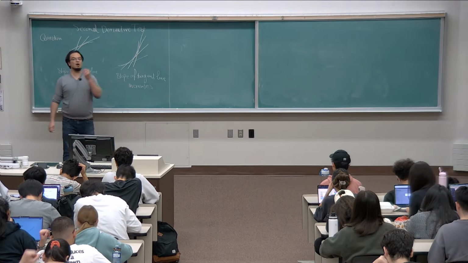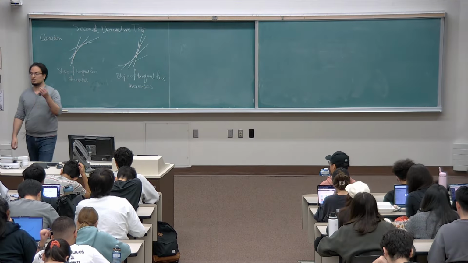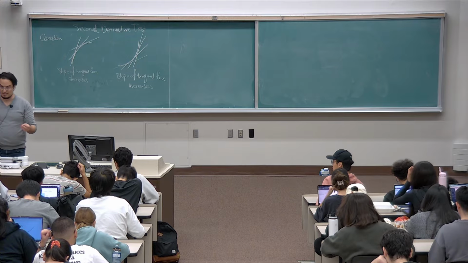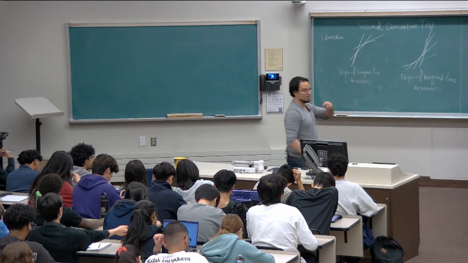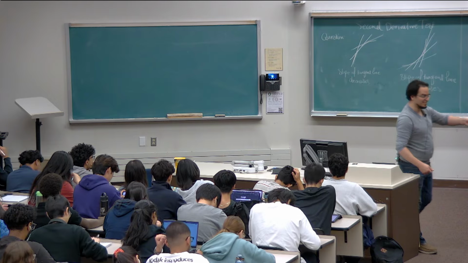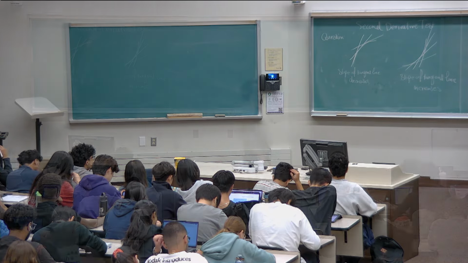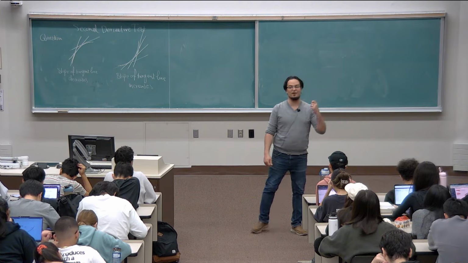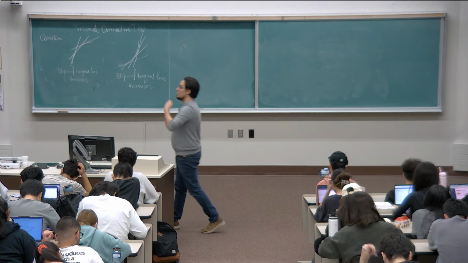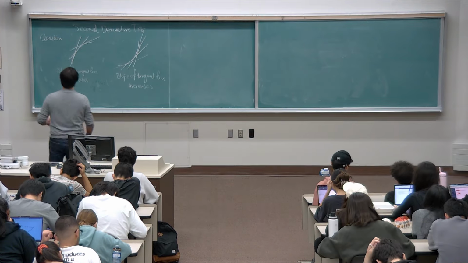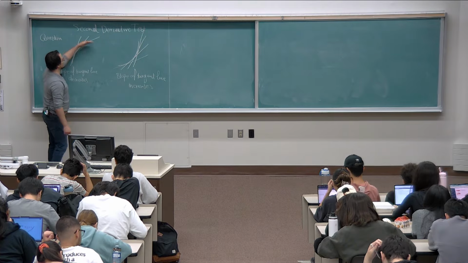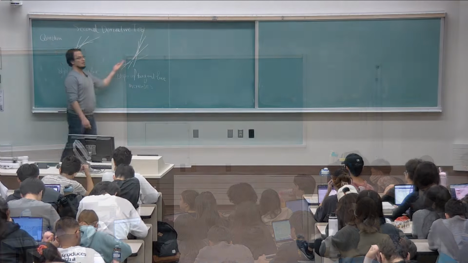The value of the function in both cases is increasing, but in one case, the speed at which it is increasing is decreasing, and in the other one, the speed at which the value of the function is increasing is increasing. And that is why we are finding these shapes.